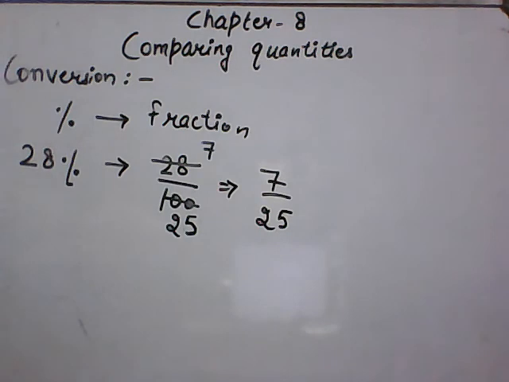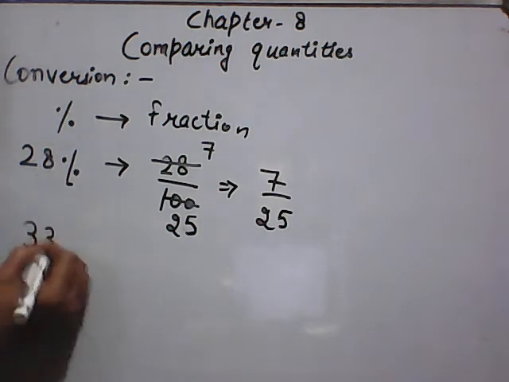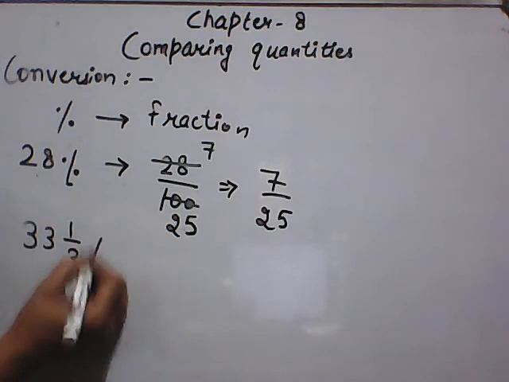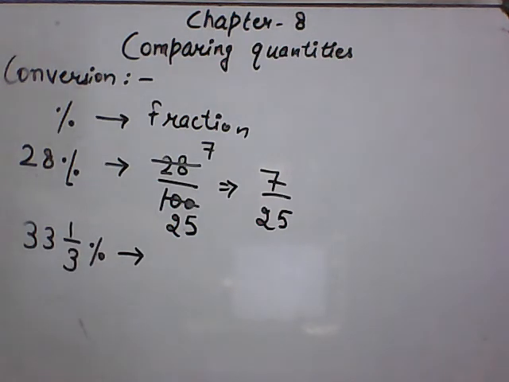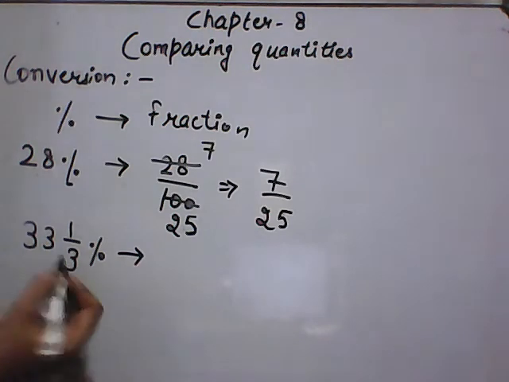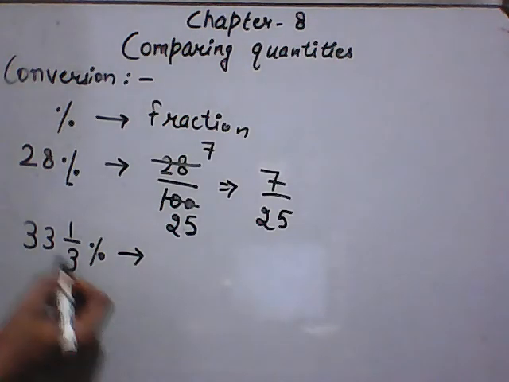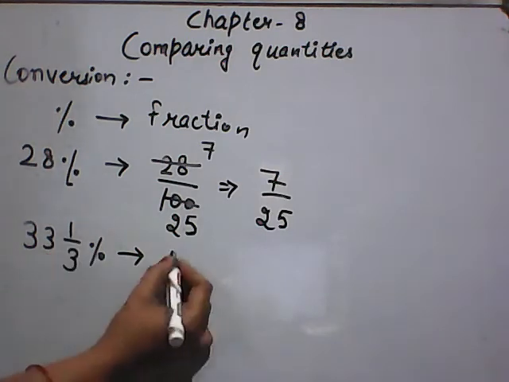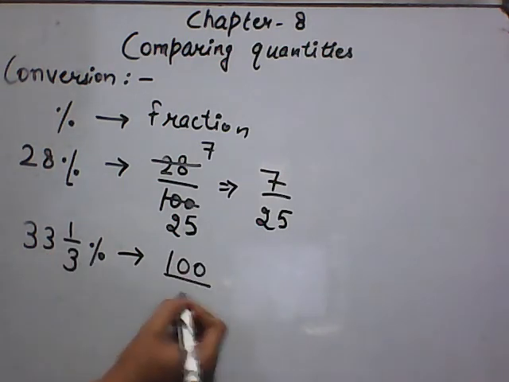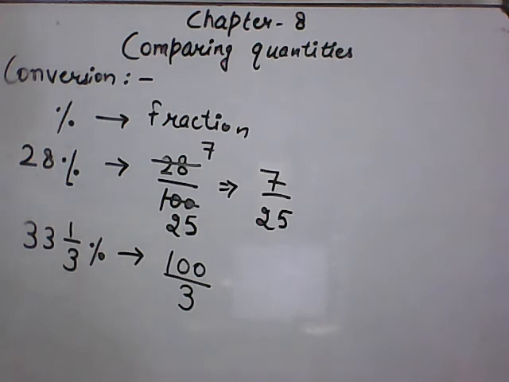Let's take another example. Suppose 33 and 1 by 3 percent is given to you and you have to convert it into a fraction. Now change it into an improper fraction. 33 multiplied by 3 is 99, 99 plus 1 is 100 by 3. How can we change it into a fraction?